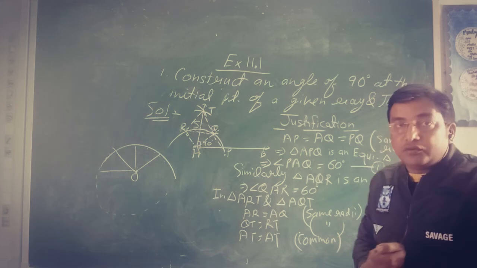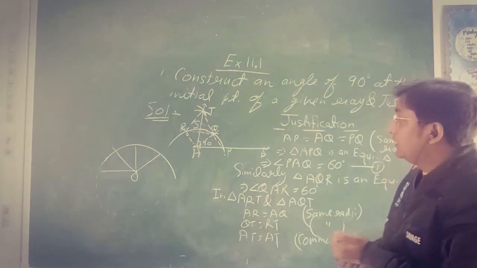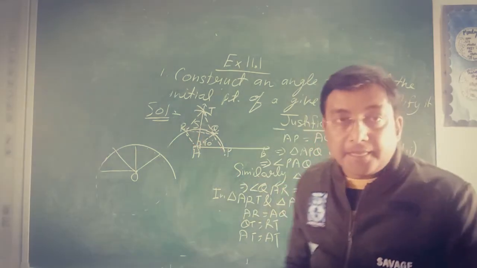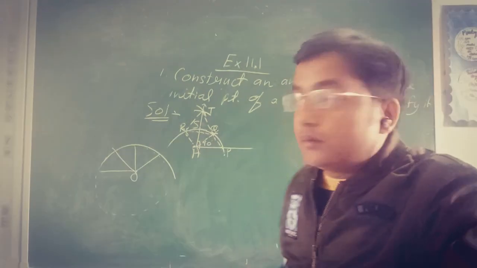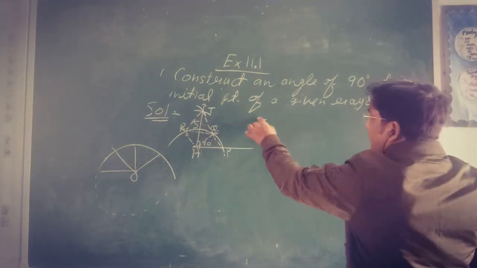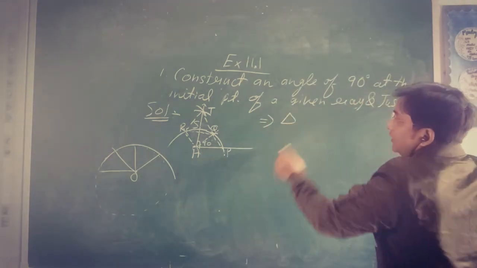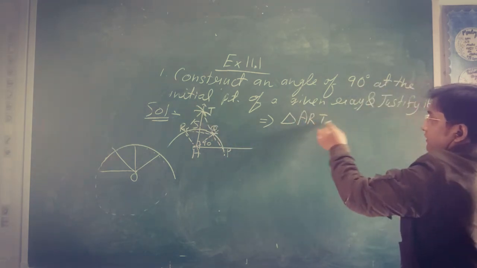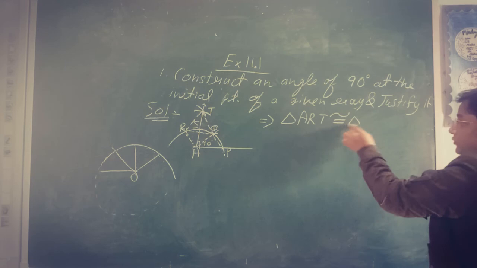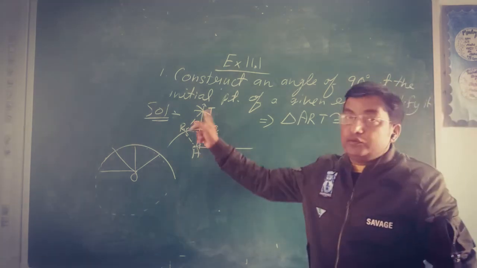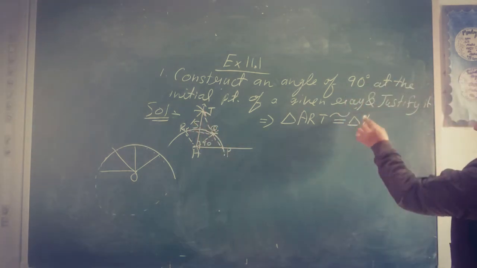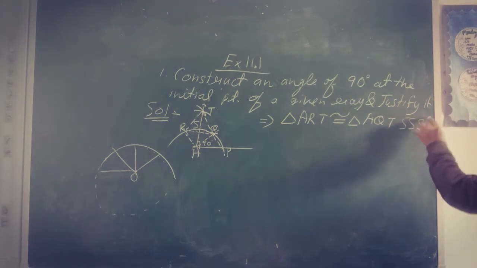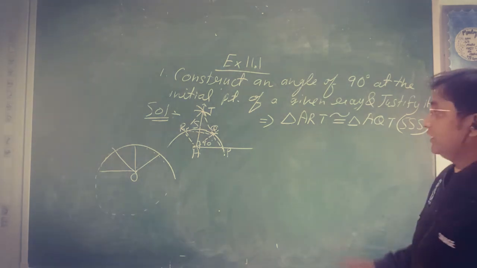This shows that they both are congruent. Now this implies that triangle ART is congruent to triangle AQT by SSS congruency criteria.